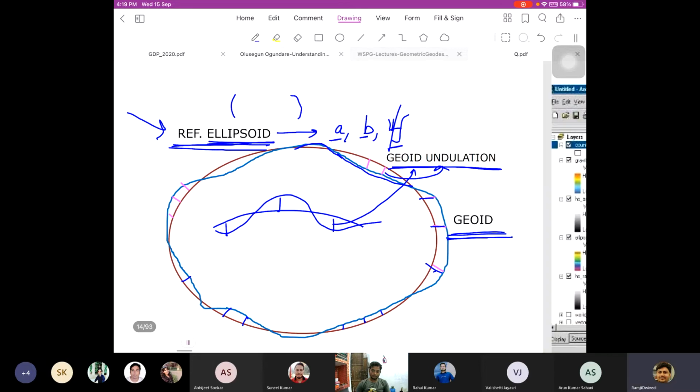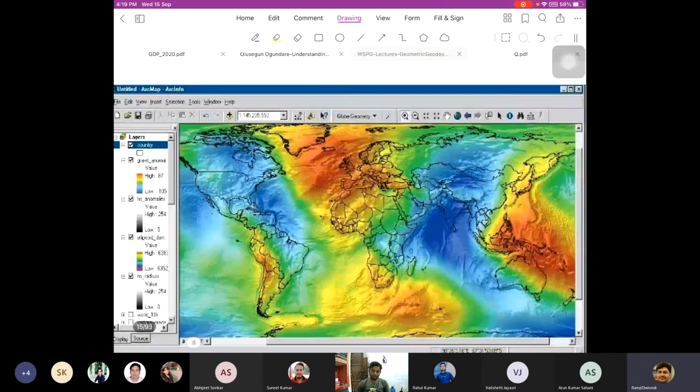so suppose this is a global geoid. You could see from this global geoid the variations which are given, and this is a very nice map which is available on the internet also. You could download it so you can see it.